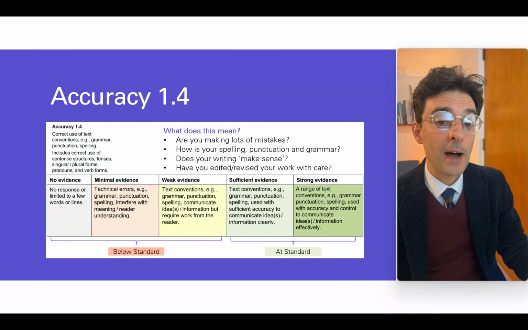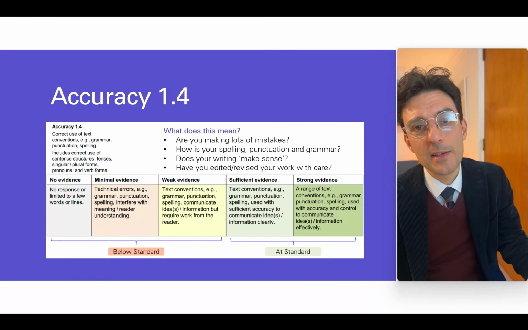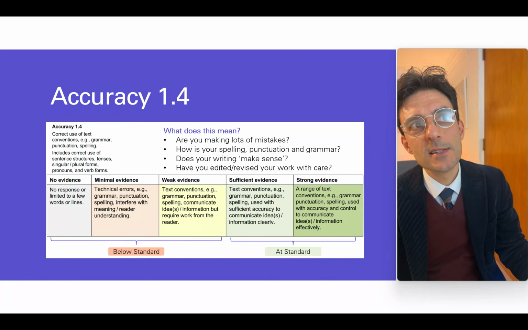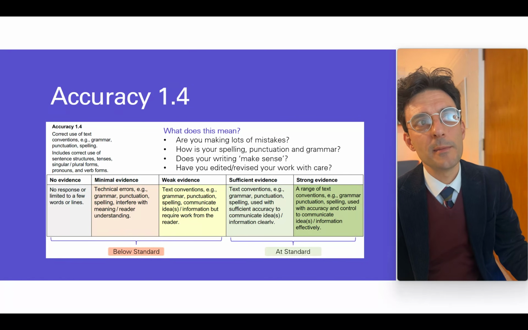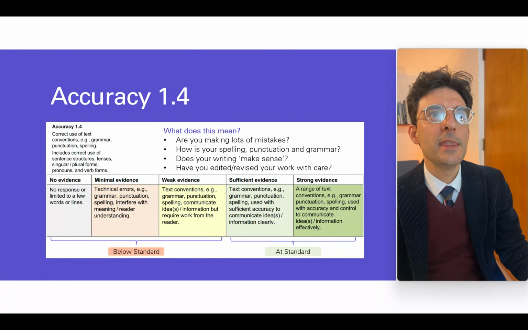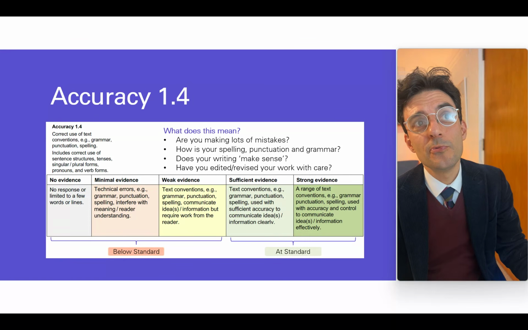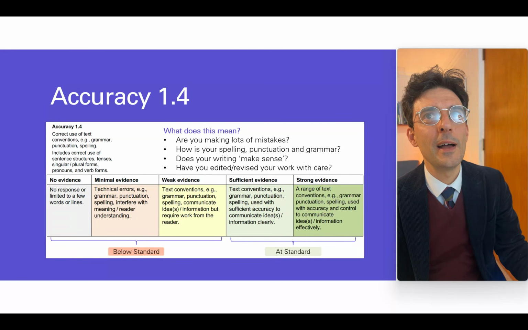One little piece of advice I'll give you while I'm on this slide is that it's probably a good idea in some instances to stay in your lane when it comes to word choice. This doesn't mean you use lots of boring and repetitive language, but it maybe does mean don't reach for a word you don't really know how to spell or even understand, because it's probably going to introduce mistakes into your writing.